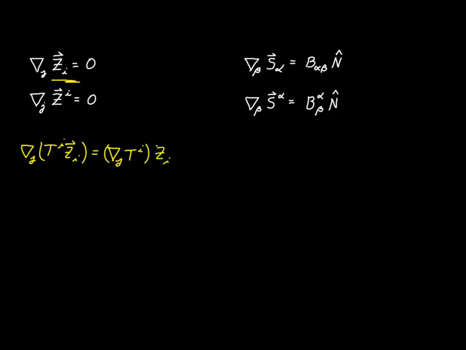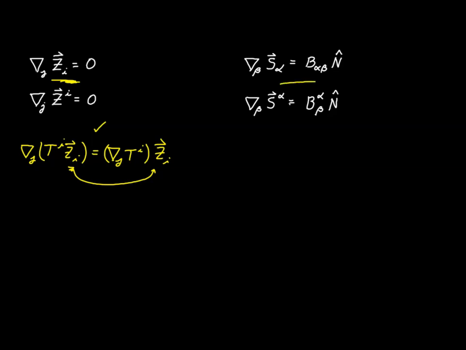In other words, we can just take this basis vector right here out of the parentheses. We don't have to apply the product rule because the covariant derivative of Z_i is equal to 0. So this is a convenient relationship because of the metrinilic property.